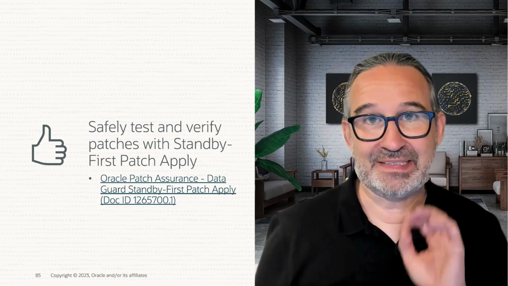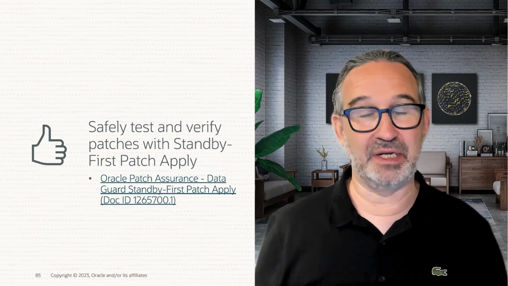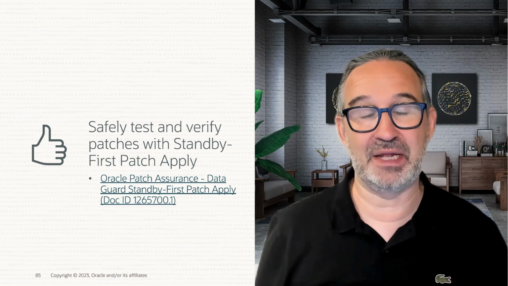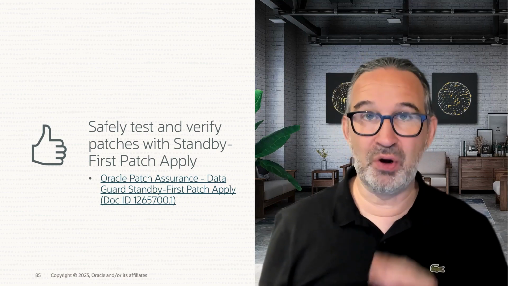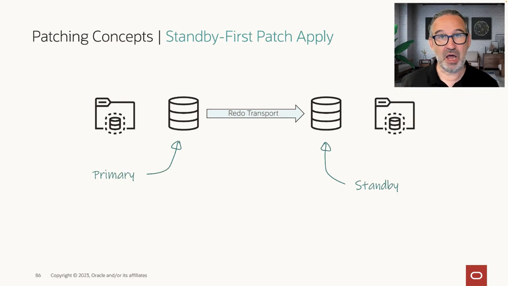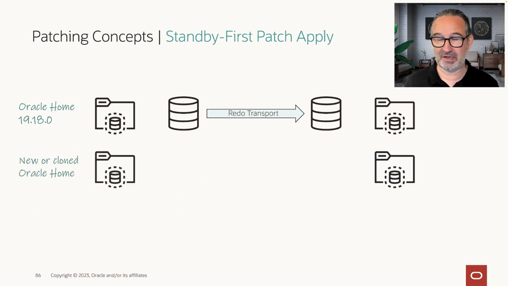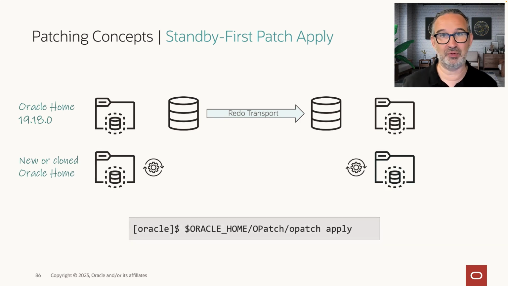And if you want to safely test and verify patches, and you have a physical standby database, then you can use standby-first apply. And release updates per se are always standby-first patchable. So how does this work? I have my primary, I have my standby on the right side. They are both 19.18 homes. Again, I start with, in my case, a fresh home, and I apply to that fresh home with opatch apply the most recent release update, which in our example will be 19.19 here.